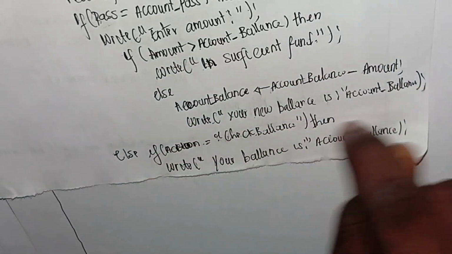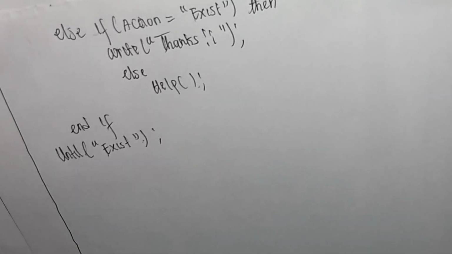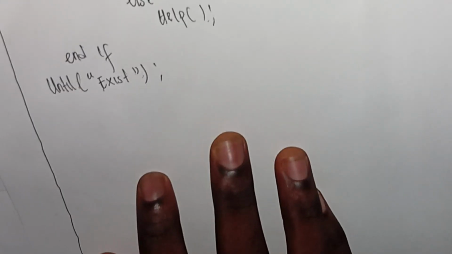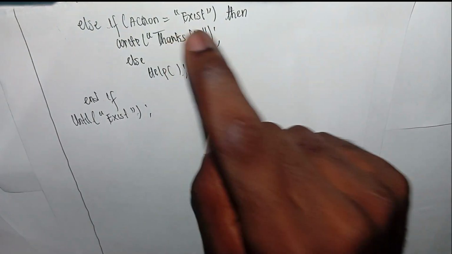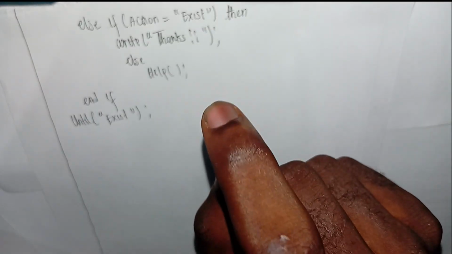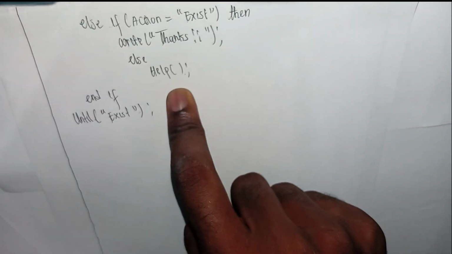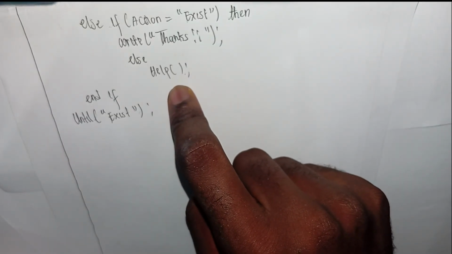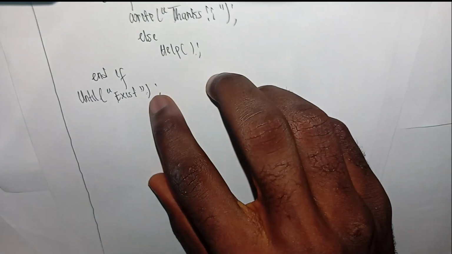The next thing is to check balance, where we simply display the account balance. And finally, we check if it is an exit, and if it is, we tell the user thank you. And here we display the help function again for users who don't know what they want.